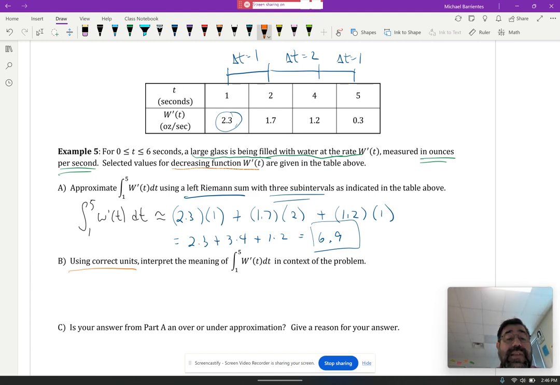What are the units? Well, we're supposed to multiply ounces per second times seconds. If we do that, I'm just left with ounces.